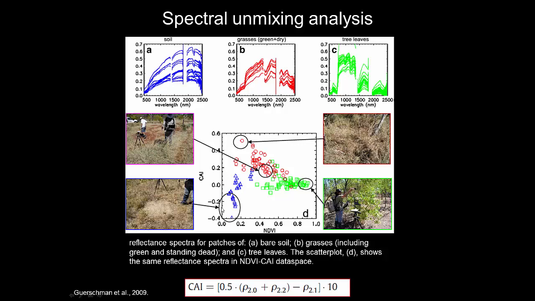Finally, bare soil occupies the lower left part of the triangle with low values in both indices. So any spectral mixture of these three endmembers will occupy some place in this central space of the triangle. So applying the equation previously presented to these vegetation indices, you can get the proportion of each land cover in a pixel.